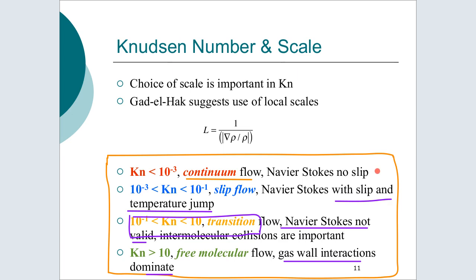Now, one thing you'll notice here is that when we look at continuum flows, we don't really care what the wall is made of. We don't say, oh, it was a steel wall or it was a plastic wall or whatever kind of pipe it was. We're not very interested in it. We get interested in the roughness of it for turbulent flow because that would affect the friction factor. For the laminar flow, we don't really care. Down here, we need to understand how the molecule interacts with the wall. So knowing what the wall is and what the gas is and how those two interact is what governs the fluid mechanics.